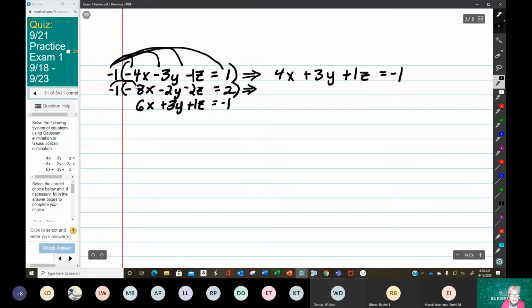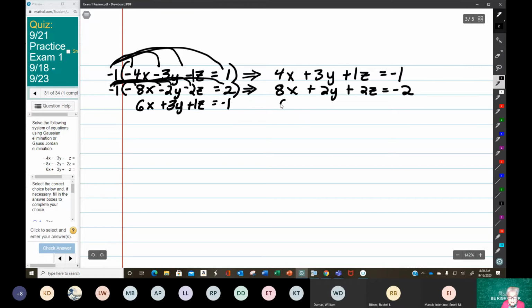I'll multiply this -1 there, and there, and there, and there, and there. So I'll have +8x plus 2y plus 2z equals -2.